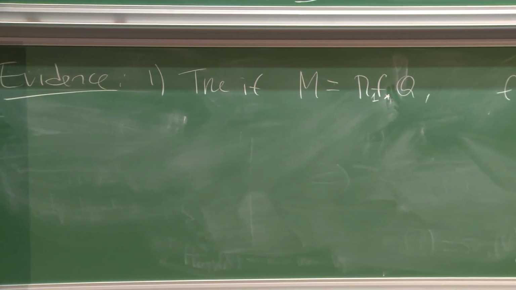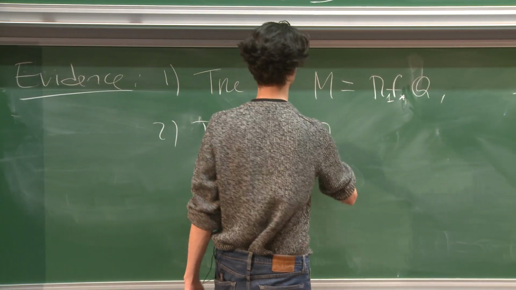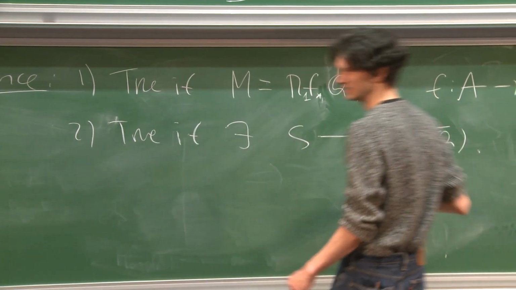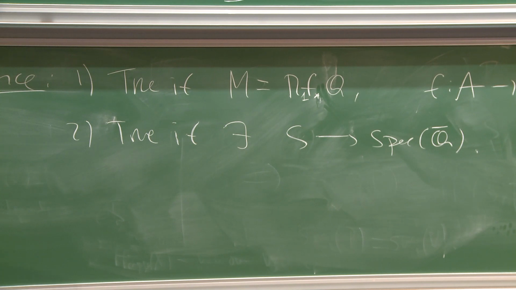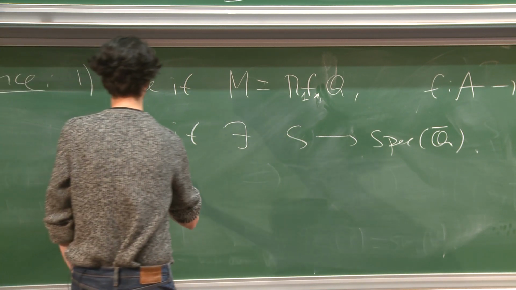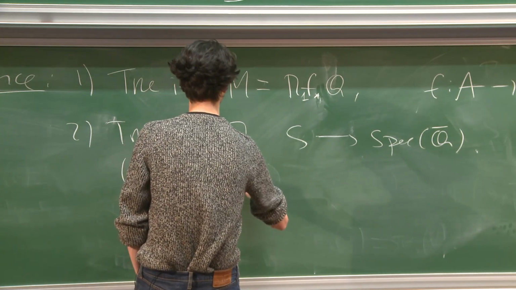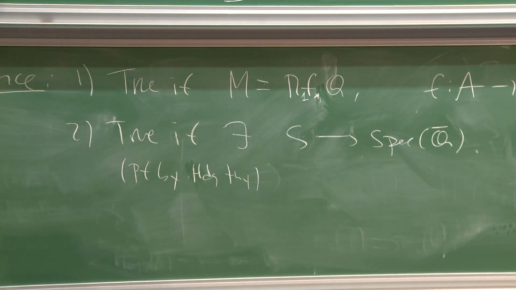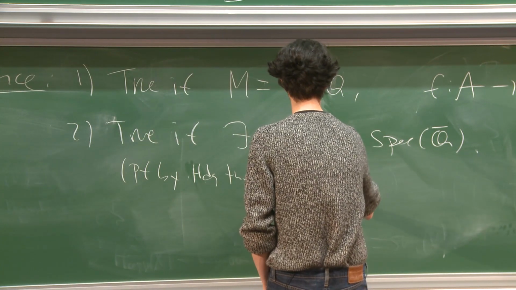The second thing is that it's true if there exists a map from S to Spec Q bar. So if your scheme lives over an algebraically closed field, then the conjecture is true. And here the proof is by Hodge theory, complex Hodge theory. By standard arguments, you can assume it's actually over the complex numbers, and then you can apply Hodge theory, in particular the Betti cohomology.